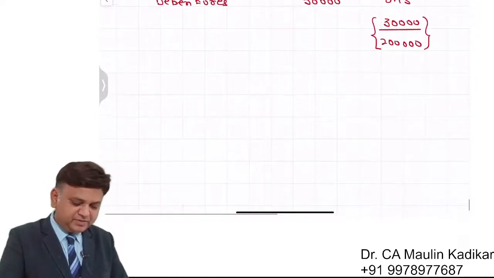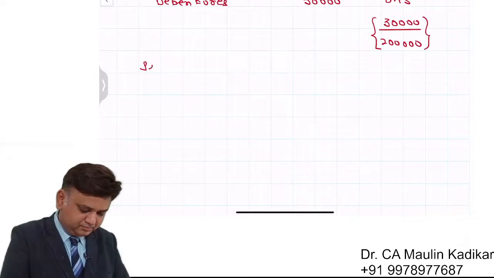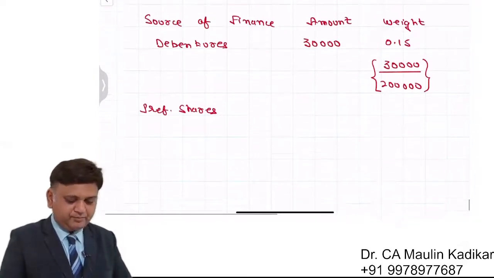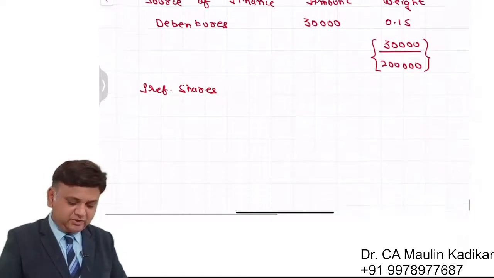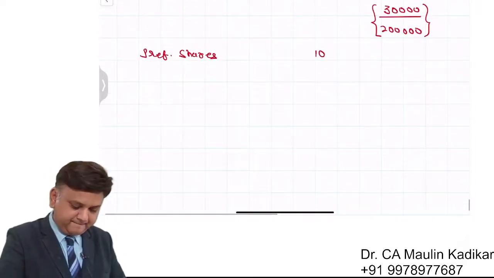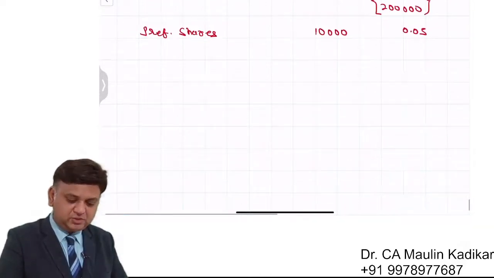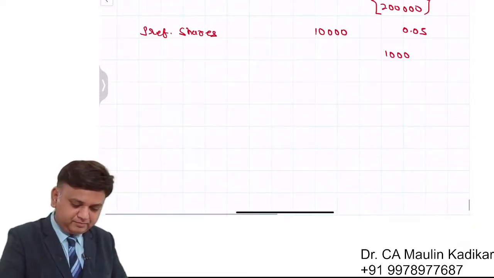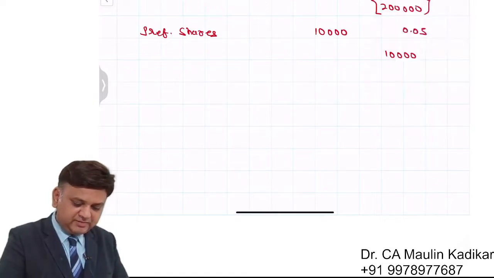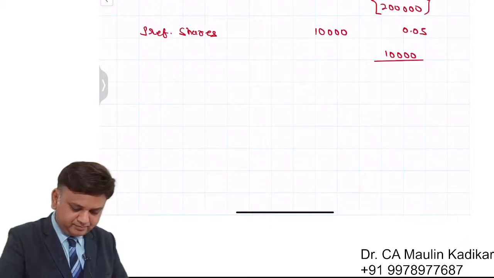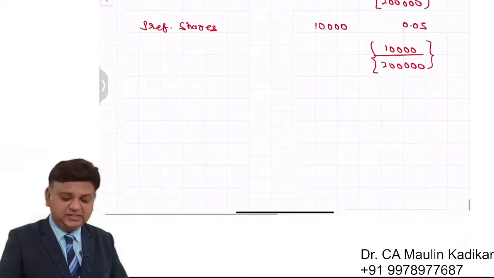Next will be preferential capital. In that, the amount will be 10,000, weight will be 0.05, 10,000 divided by 2 lakhs, that comes to 0.05, and the last is equity shares.